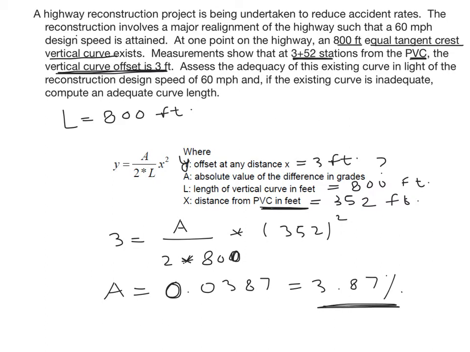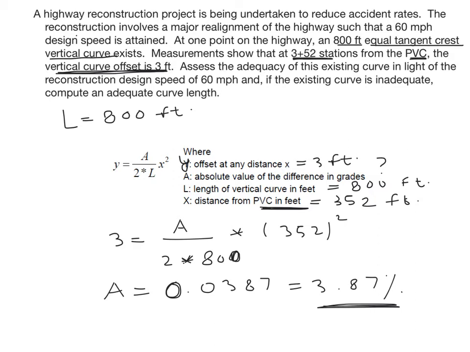Now, knowing this A value is critical, because we know how we assess the adequacy of the vertical curves. We do that based on the capital K value, that is nothing but L over A for any vertical curve. So what we're going to do now is consult the AASHTO table.